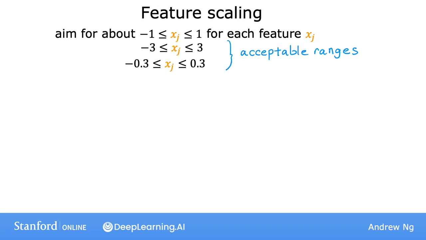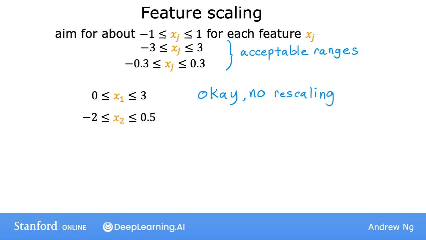If you have a feature x1 that winds up being between 0 and 3, that's not a problem. You can rescale it if you want, but if you don't rescale it, it should work okay too. Or if you have a different feature, x2, whose values are between -2 and +0.5, again, that's okay. No harm rescaling it, but it might be okay if you leave it alone as well.